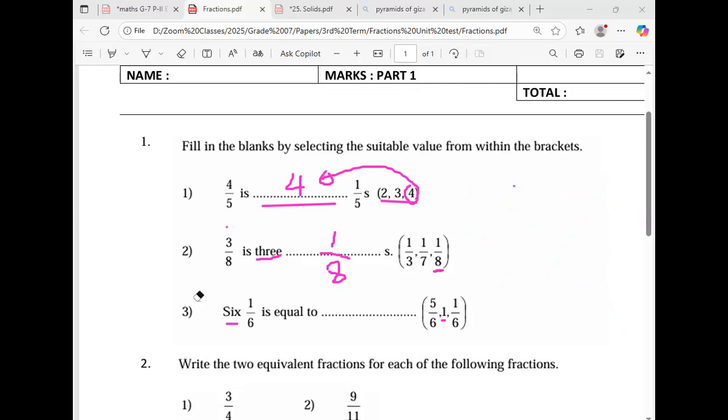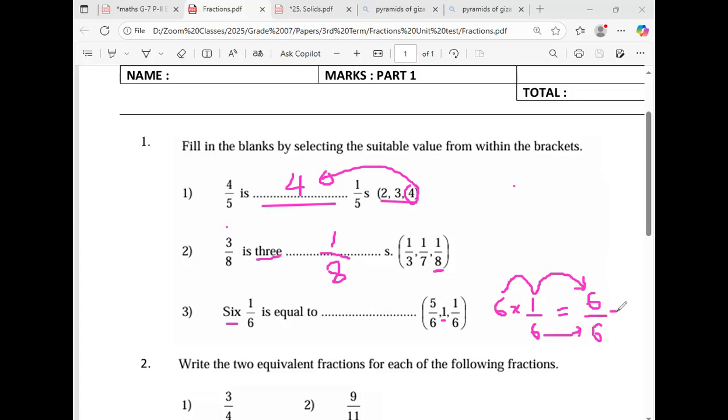If you simplify this further, 6 1/6 can be written as 6 into 1/6. So how do you simplify this? 6 times 1 equals 6 in the numerator. Then the denominator is just 6.